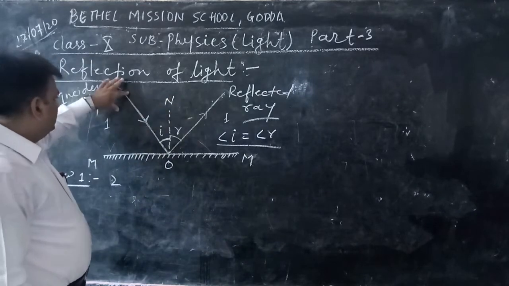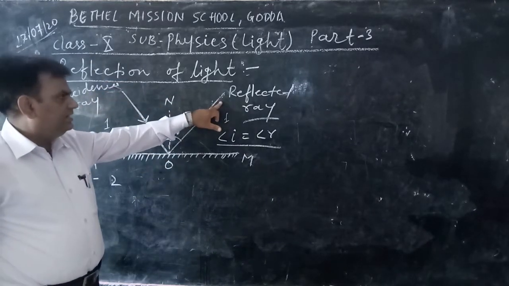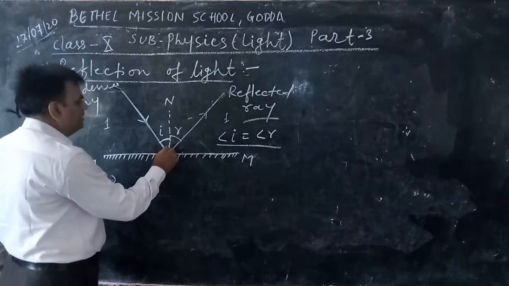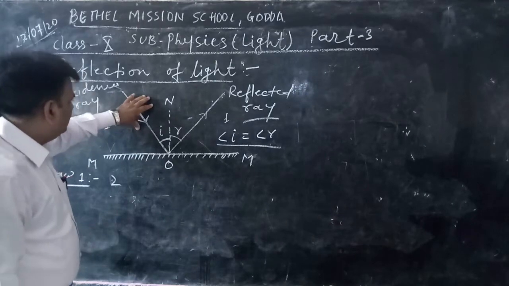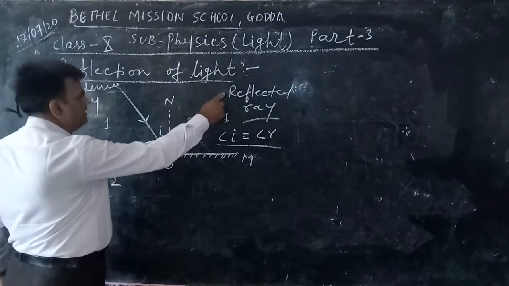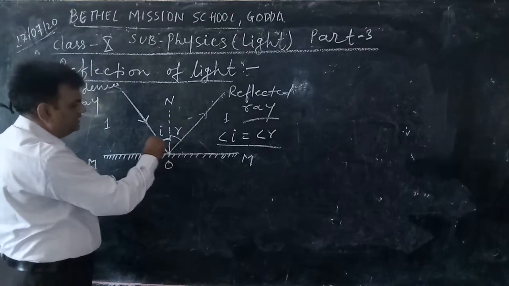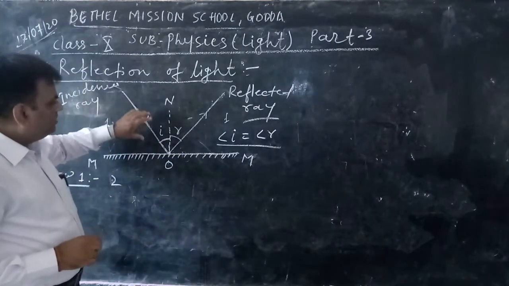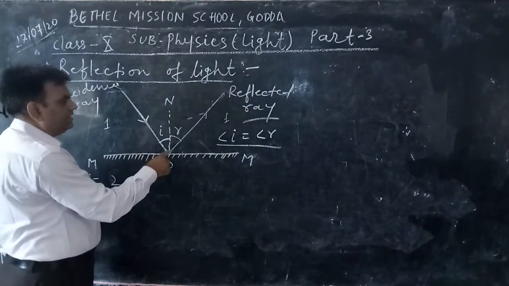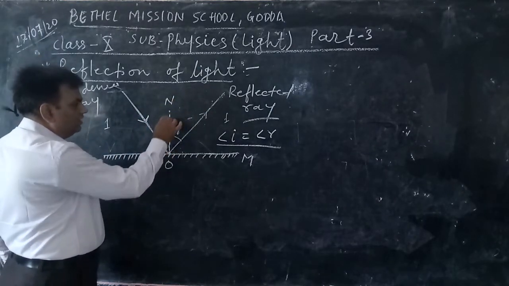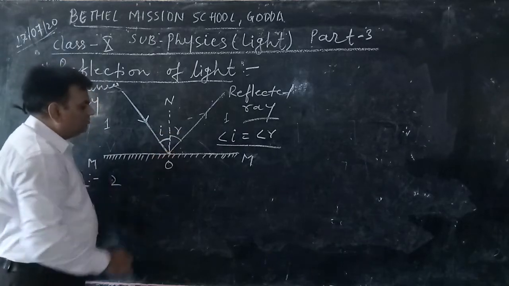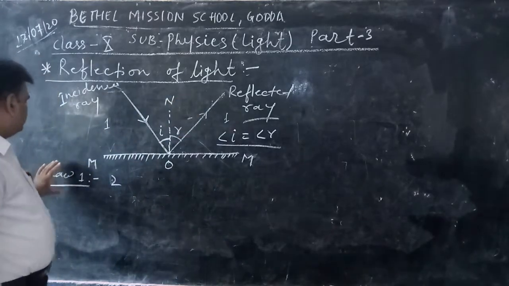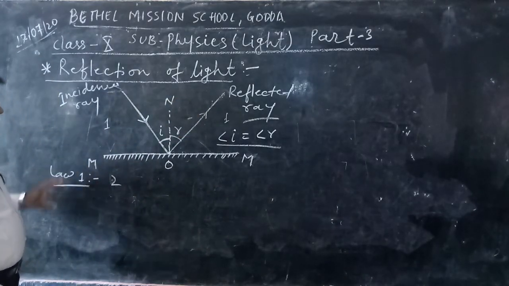So there are three conditions: the incidence ray, the reflected ray, and the normal at the point of incidence all lie in the same plane, as you are watching. This is the first law. As you are watching here, this is the incident ray, this is the reflected ray, and this is the normal. All three have one common point. So this is the first law of reflection.